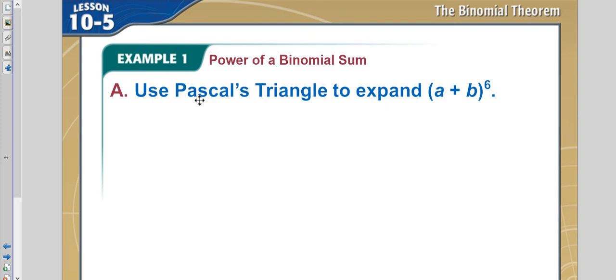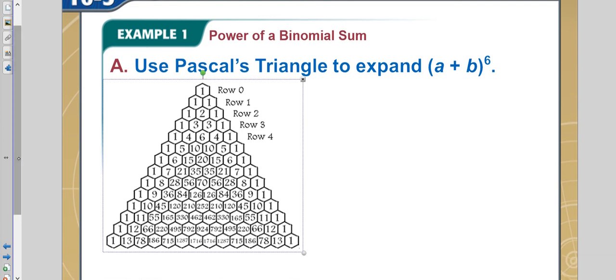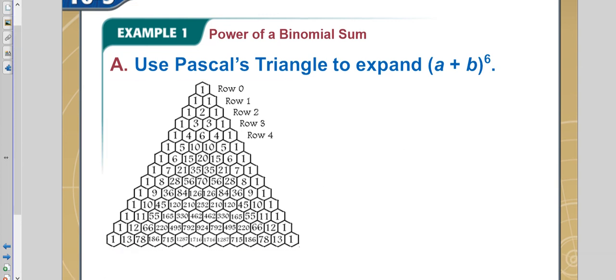It says, use Pascal's triangle to expand this. I've copied over Pascal's triangle. We would go to the 6th row. This tells me our row. So we go to row 6, which is here.